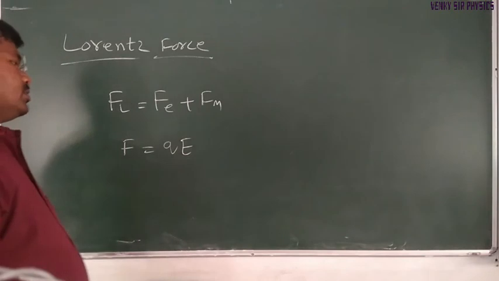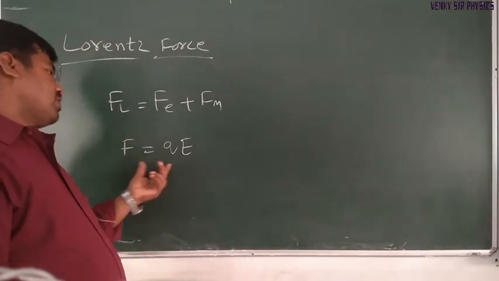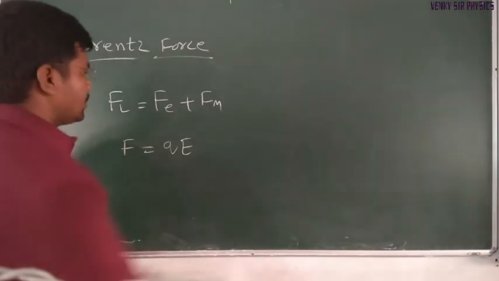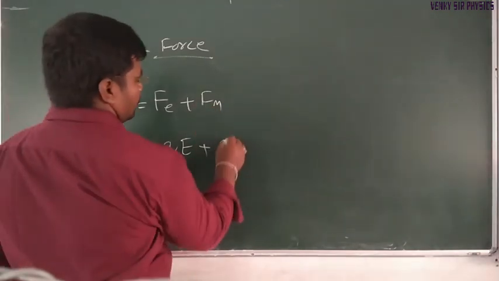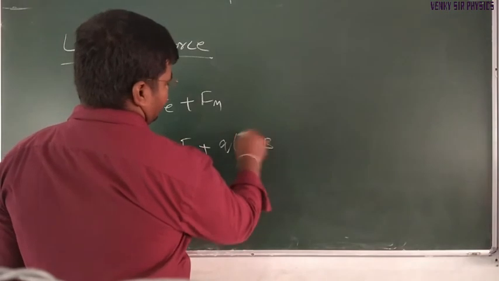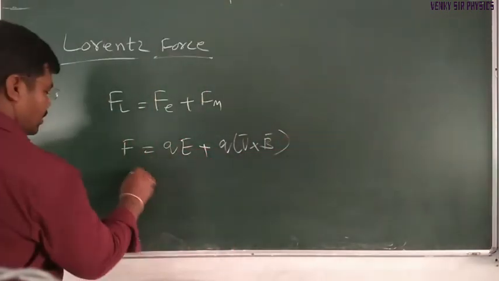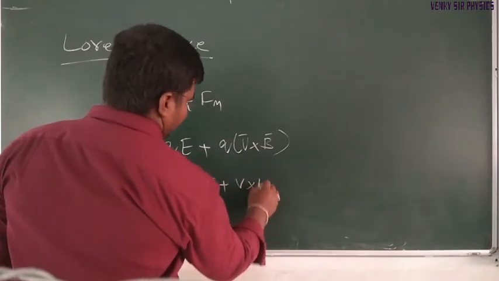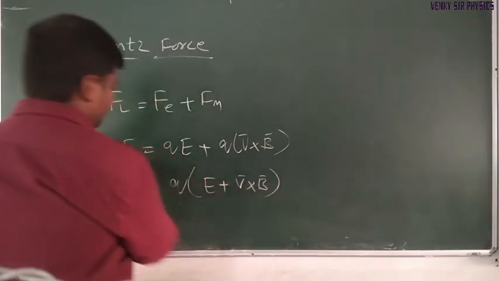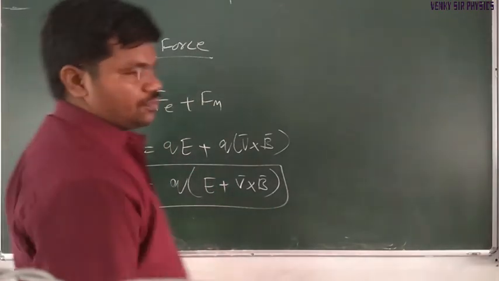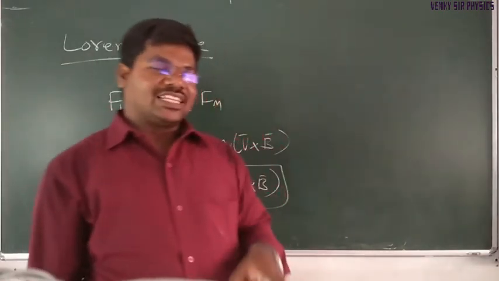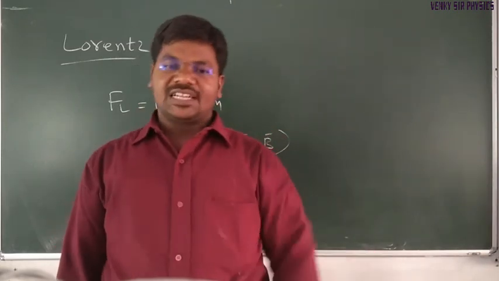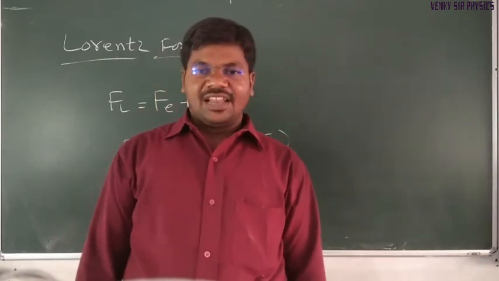So from the electric field we find the electrostatic force F is equal to qE plus the magnetic force q v bar cross B. So F is equal to q, which is common, times E plus v bar cross B. This force we call the Lorentz force, the sum of magnetic and electric force.